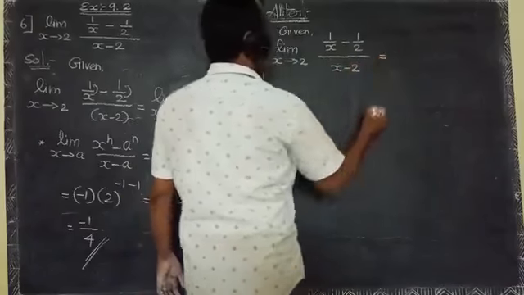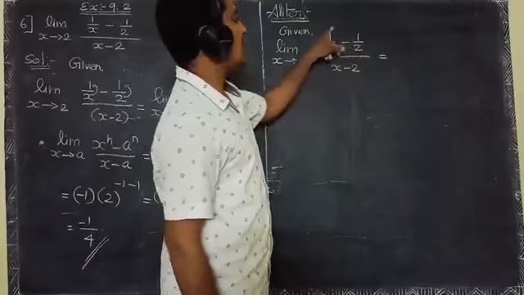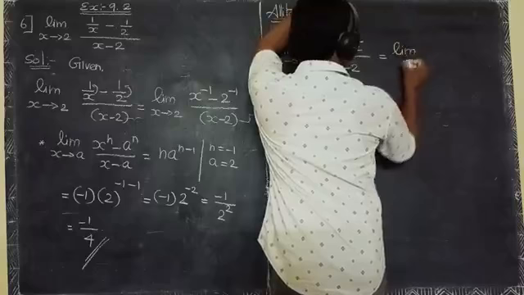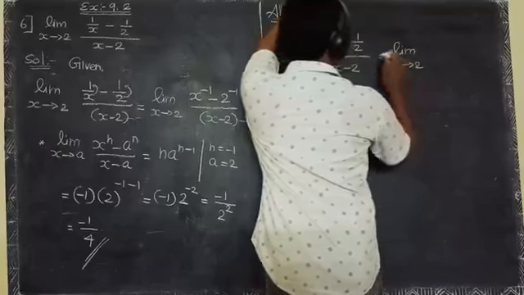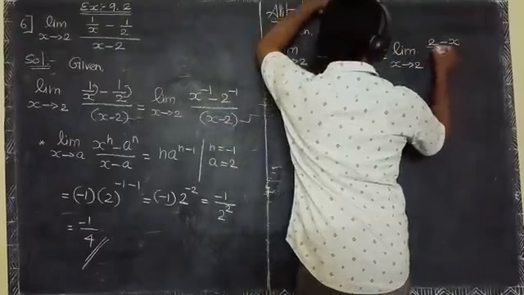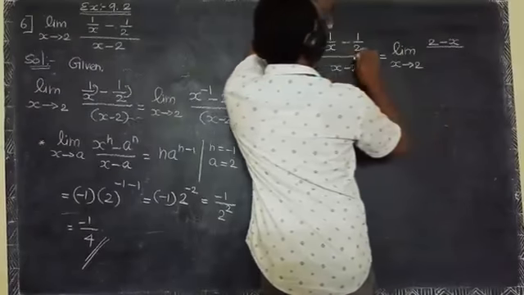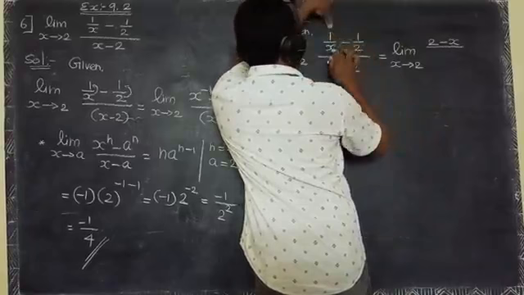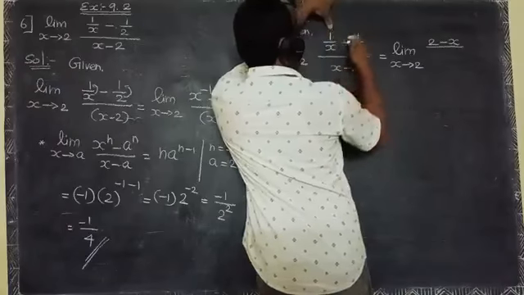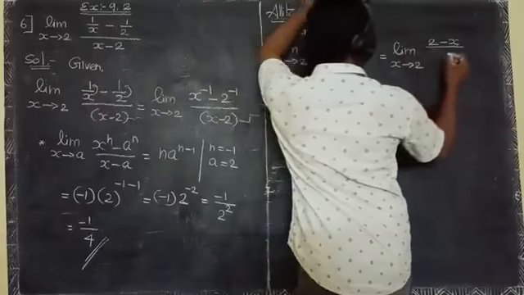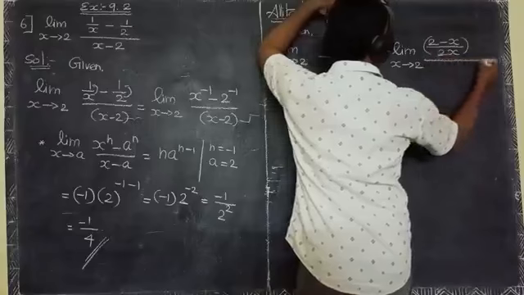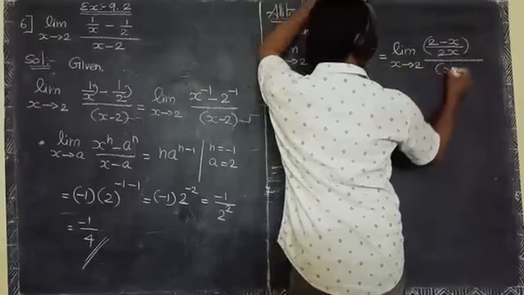Here, in the numerator using cross multiplication, that is 2 minus x divided by 2x. This is the numerator, divided by the denominator x minus 2.